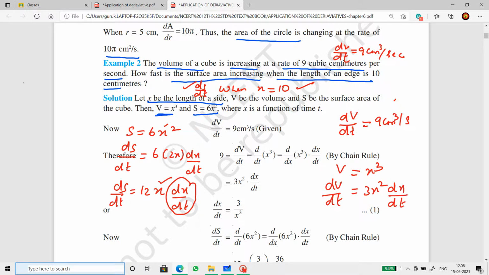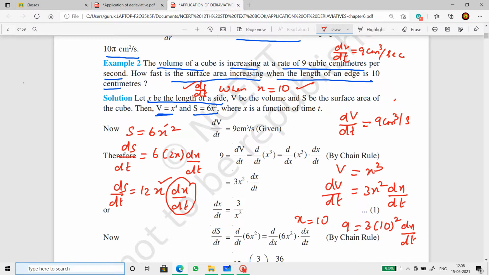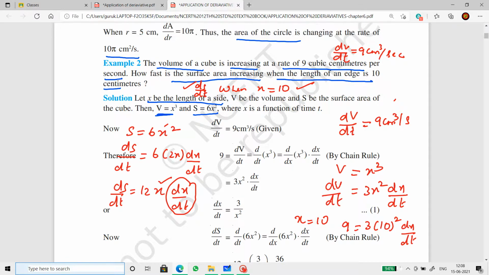So when x is 10, dV by dt is 9, 3 into 10 square into dx by dt. With this, we can get the rate of change of the side, and that we substitute here, so that we can find the rate of change of surface area with respect to time.